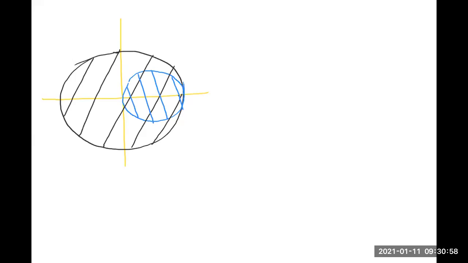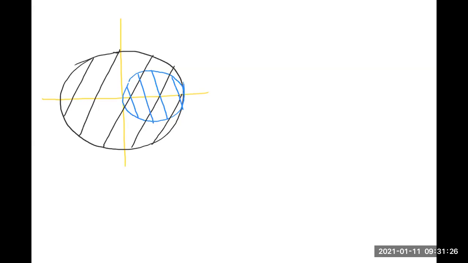Impossible to do physically. I cannot tell you to put a solid cricket ball inside a solid bowling ball. You can't do that. But here mathematically we are doing that.